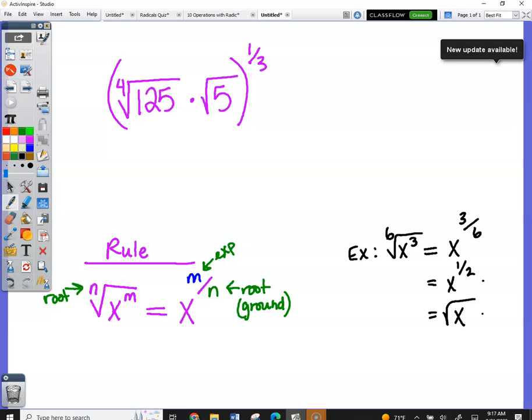You want it to be as a fractional exponent first before you deal with the 1/3. The 1/3 is on the outside, so hold off with it until we get the inside to just one thing. So I want you to rewrite that using rational exponents. This is the rule.